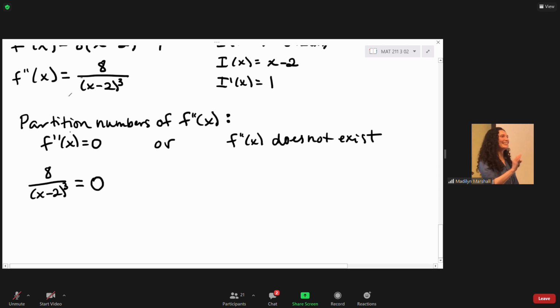So if we just have an 8 up there, that's never going to be 0. So this one is no solution. We can, however, figure out where f double prime does not exist by setting the denominator to 0.